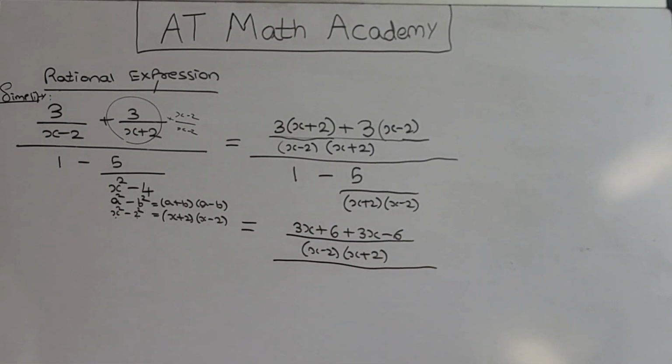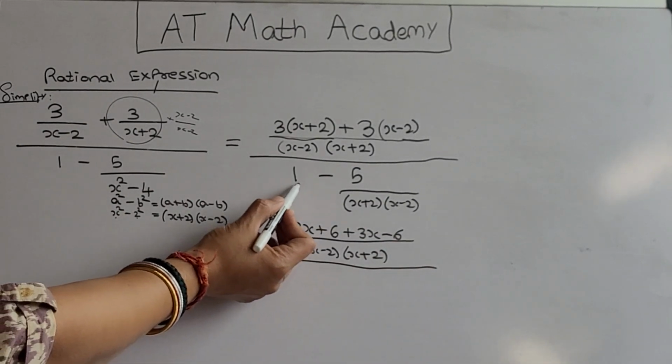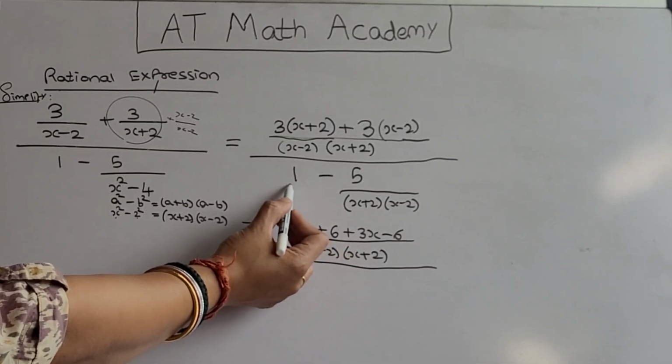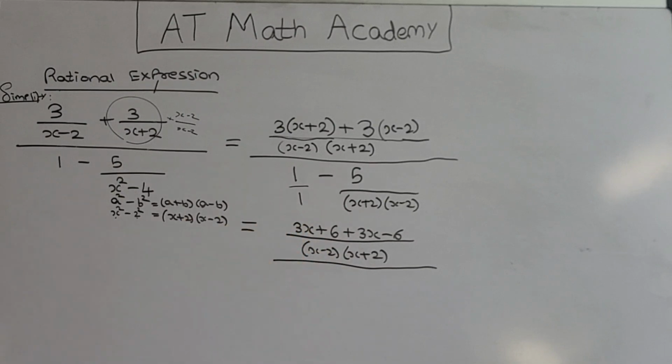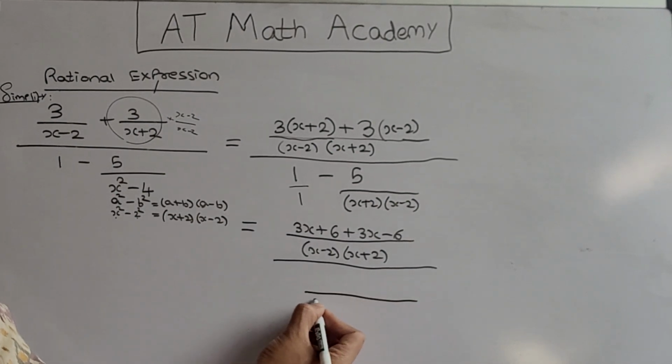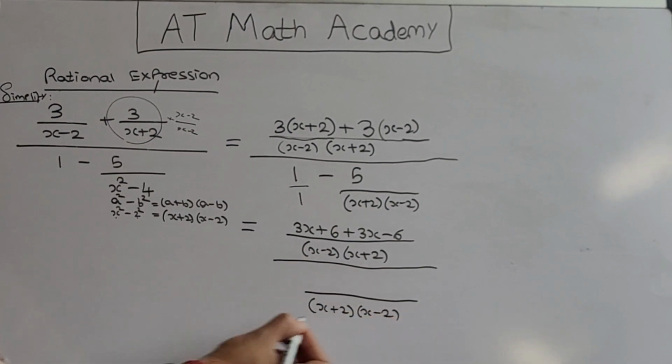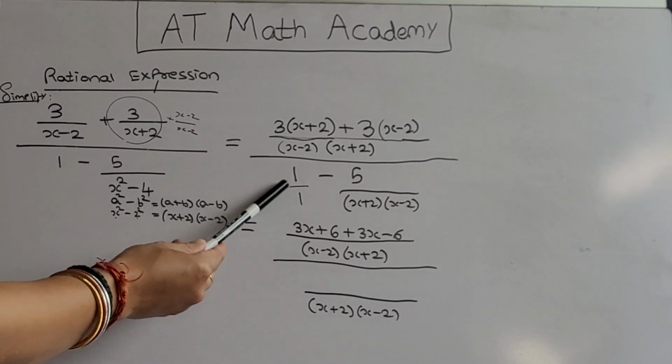For the denominator part, I have 1, and the denominator of that 1 is 1. So we need to multiply these two denominators to get the common denominator. The common denominator for this function is x plus 2 into x minus 2. My first term is 1.